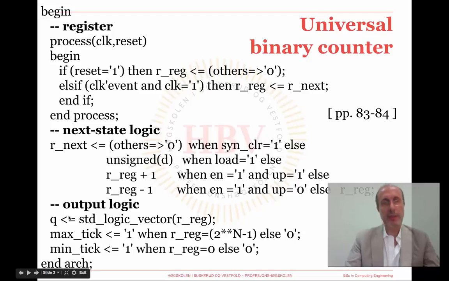So the signals R_next and R_register were defined in the architecture block as unsigned for this reason, and therefore we will need to convert from standard logic vector into unsigned before incrementing or decrementing. And likewise, we will have to convert back from unsigned into standard logic vector to update the counter outputs.